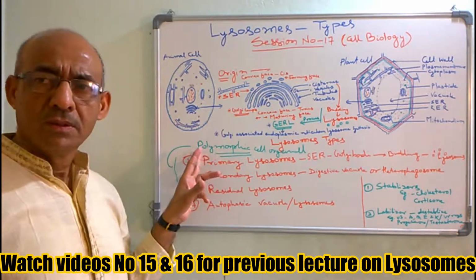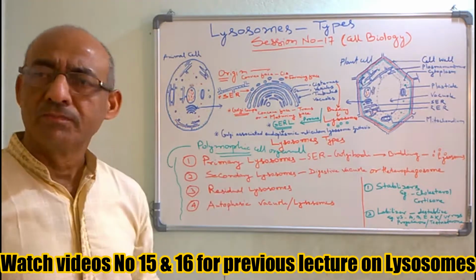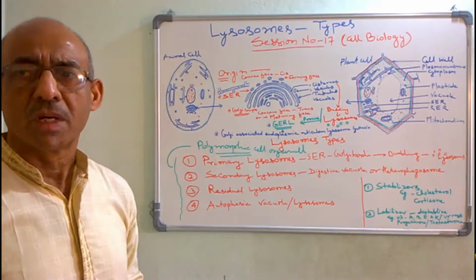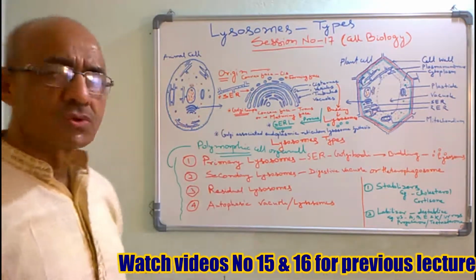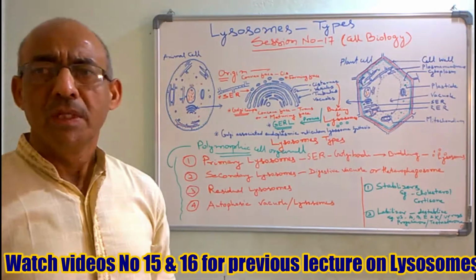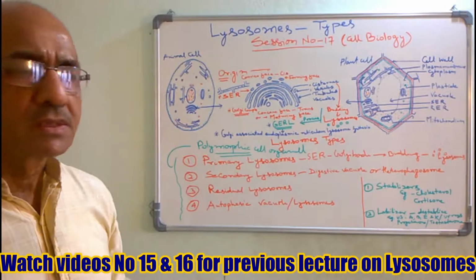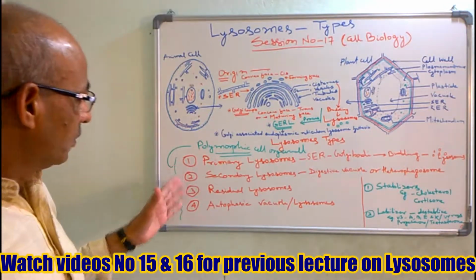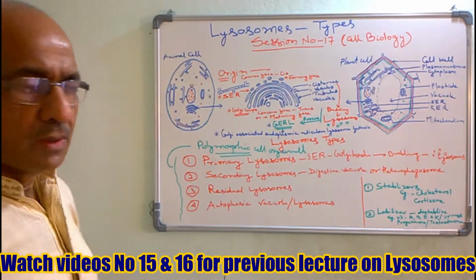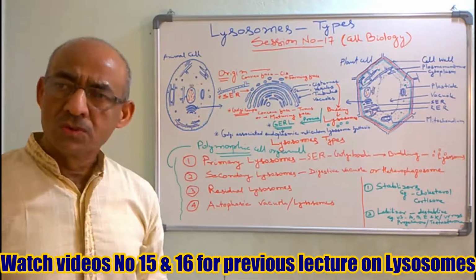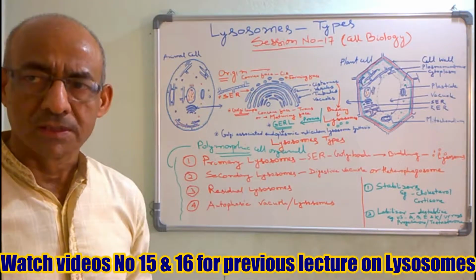Poly means many. Morphy pertains to the body structure, morphology. That means the lysosomes are found in many forms inside the cells. We will discuss four forms here, in which they are found in eukaryotic cells.